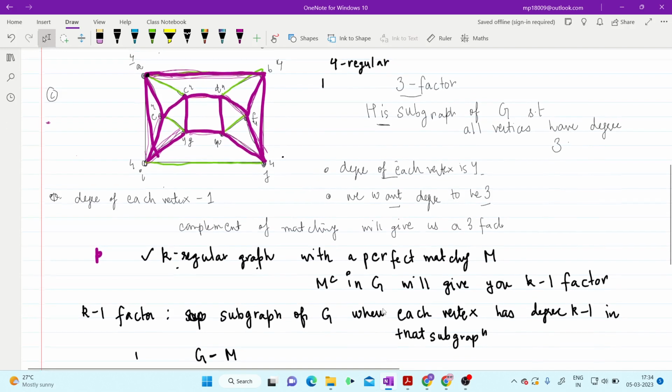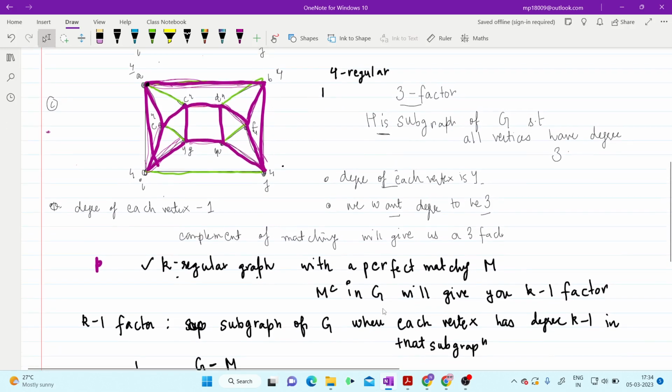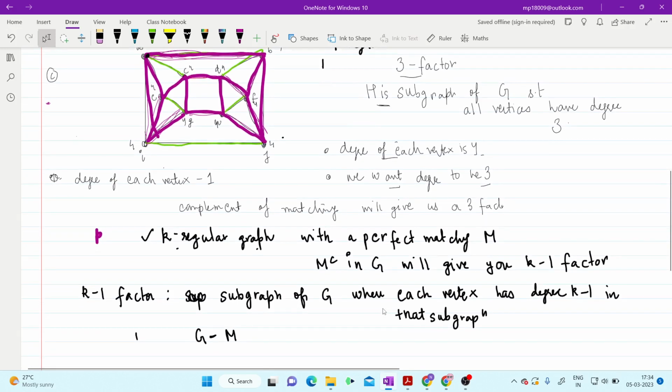Sorry, repeat your question again. Whether G minus M is a three factor, or the graph with the perfect matching you are taking?